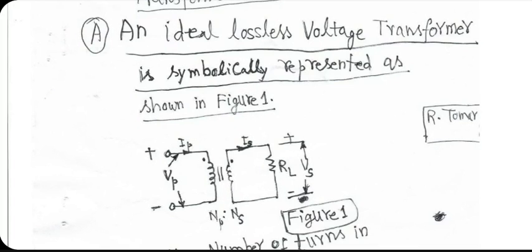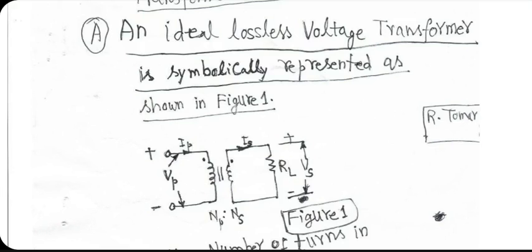You show two coils coupled with each other. Primary coil on the left side having NP number of turns, secondary coil on the right hand side having NS number of turns. In between, we draw two vertical lines to show the coupling.